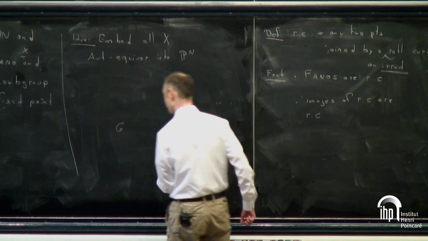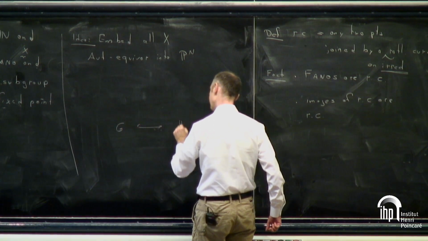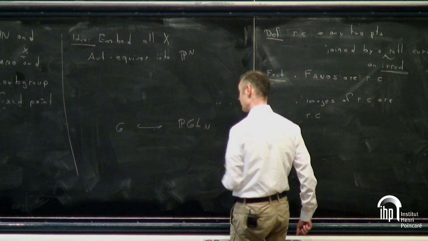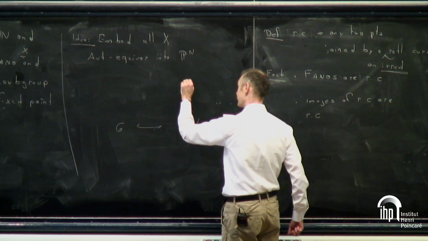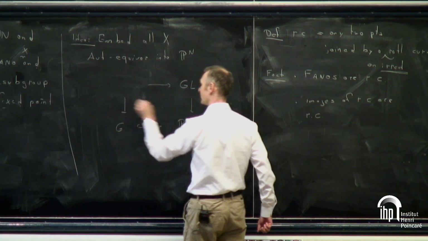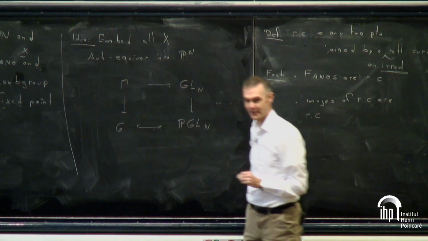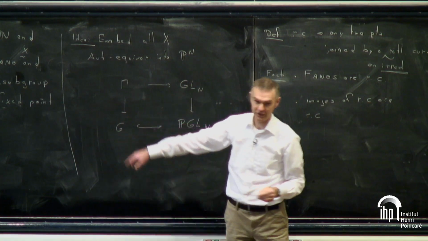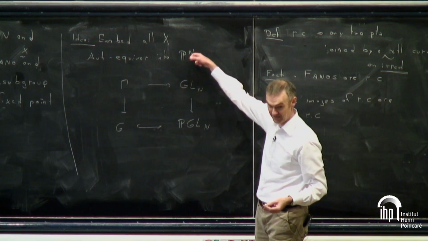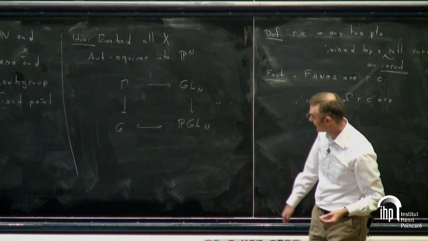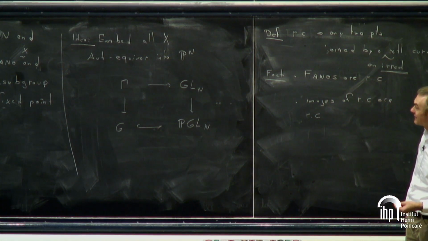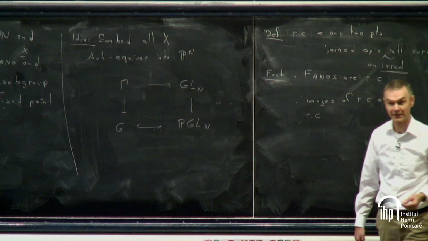Then the group G that we have lives in PGL_n. This is covered by GL_n. We look at the pre-image. This is now a group morphism of bounded index. The bound is n, essentially.